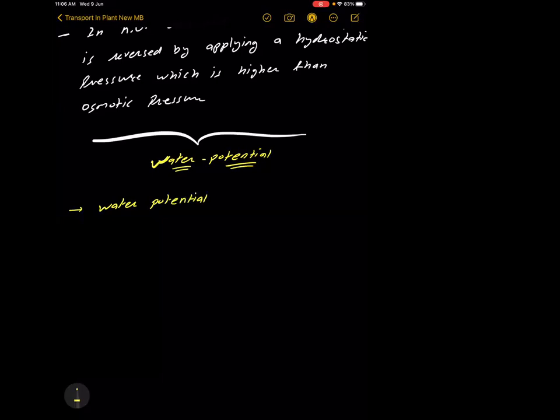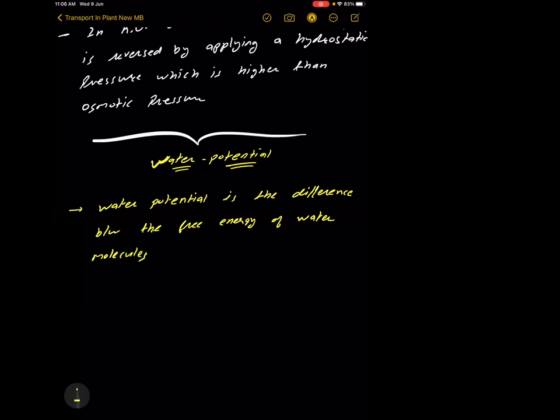Water potential is the difference between the free energy of water molecules in pure water and the free energy of water molecules in a solution.